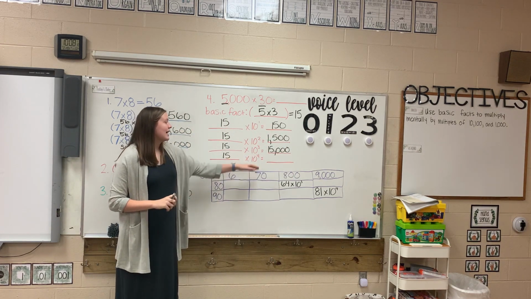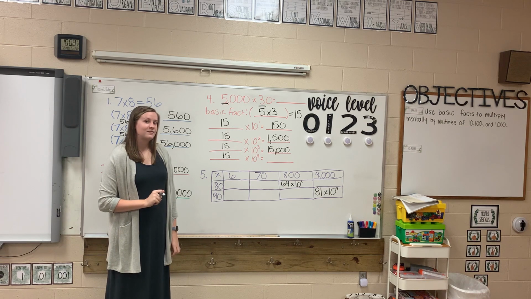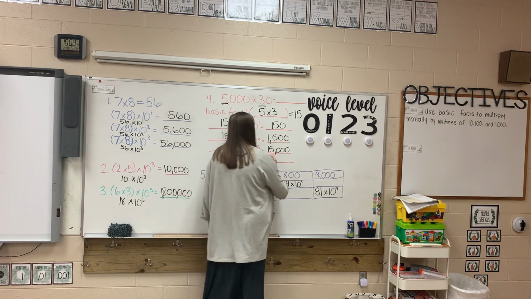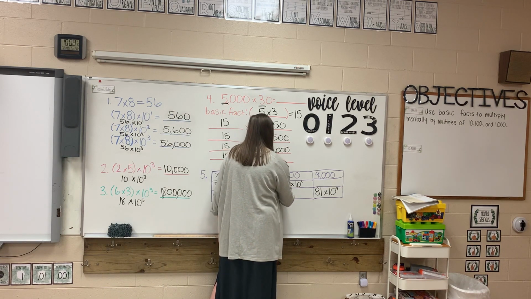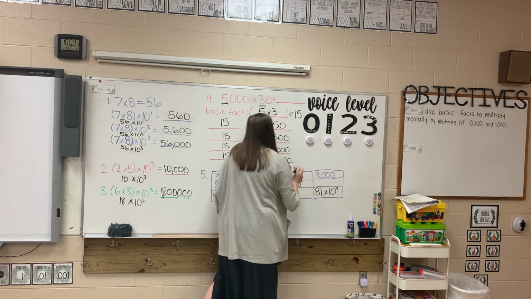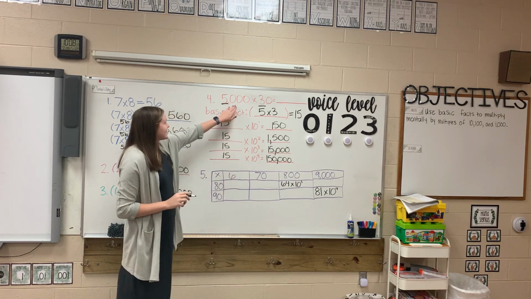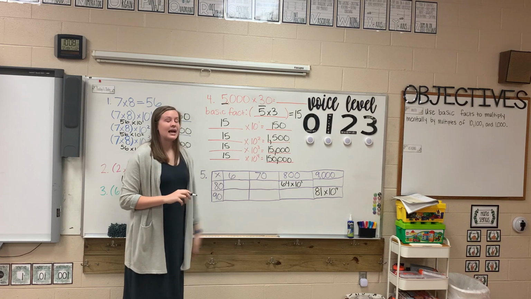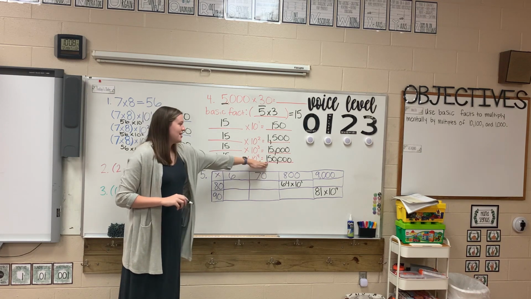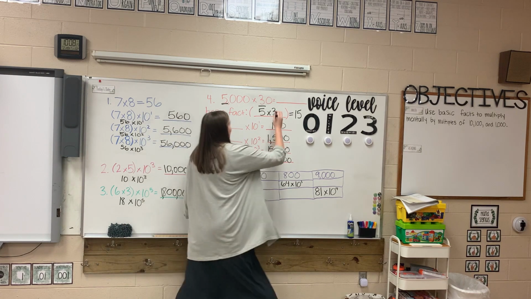And 15 times the fourth power of 10, 150,000. So, what is the answer to 5,000 times 30? 150,000.